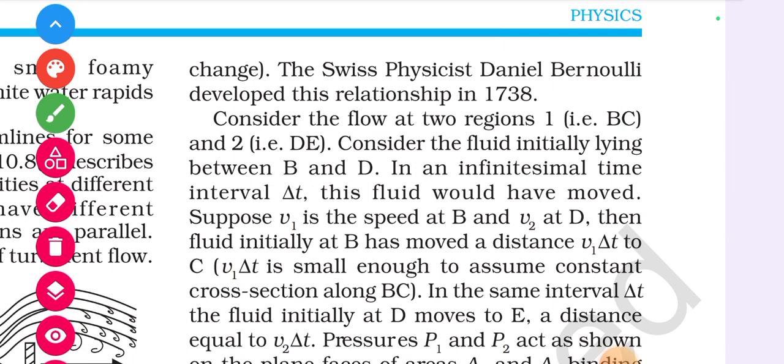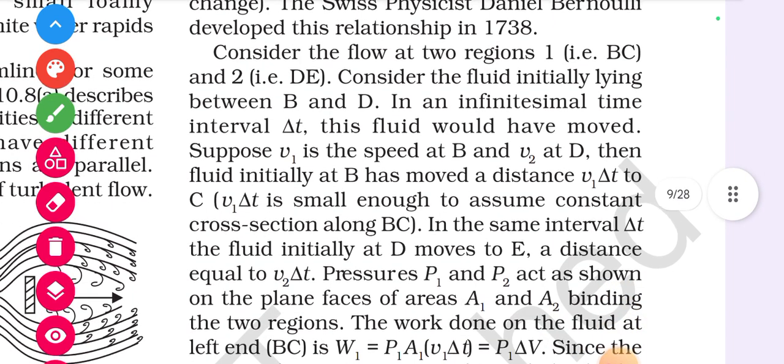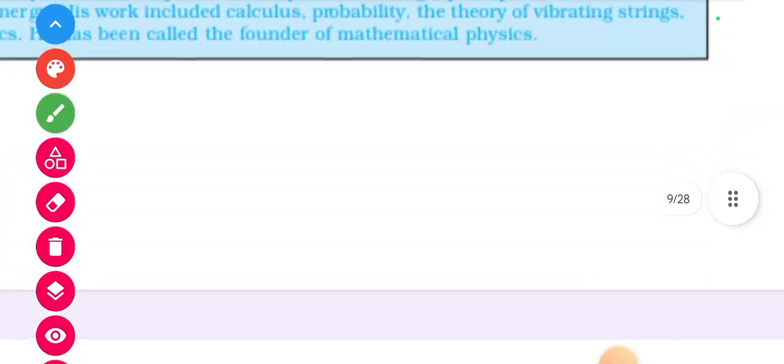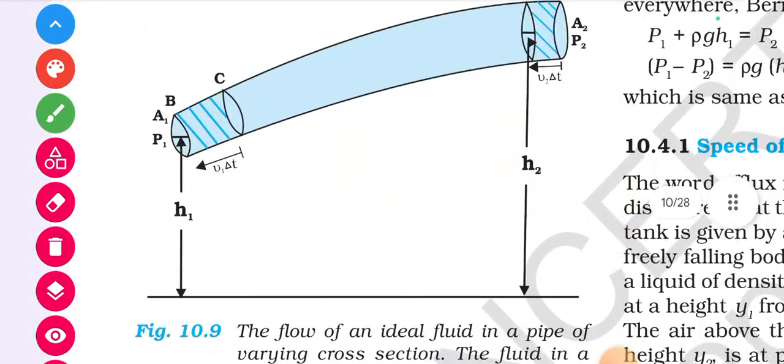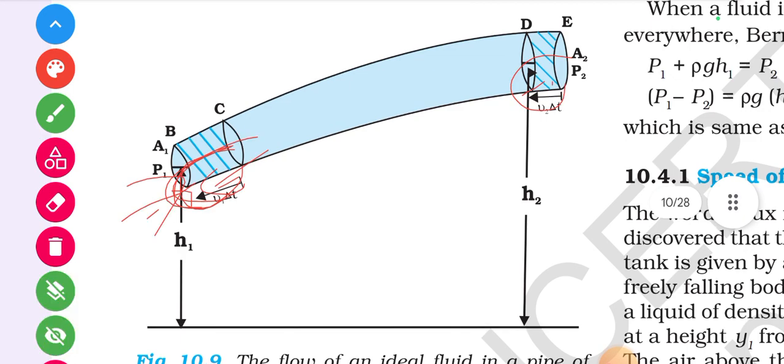We have taken a very small time interval, delta t. Suppose v1 is the speed at B and v2 at D. Then fluid initially at B has moved a distance v1 delta t to C. The velocity at point B is v1, and it has moved in delta t time.